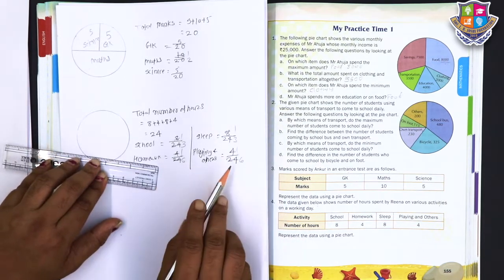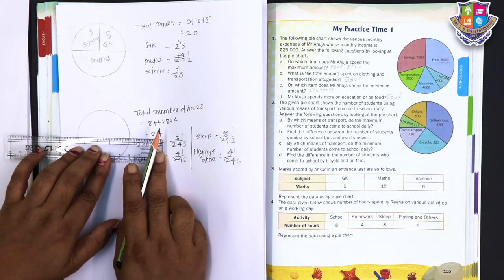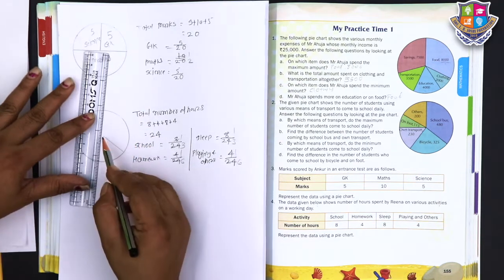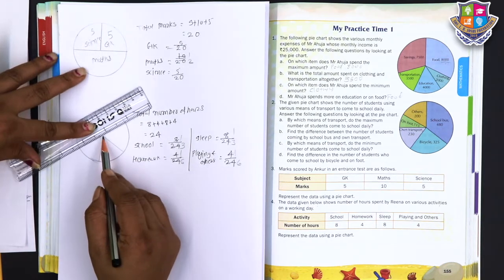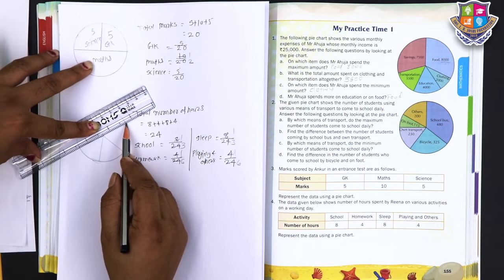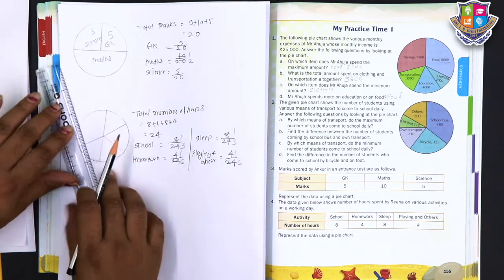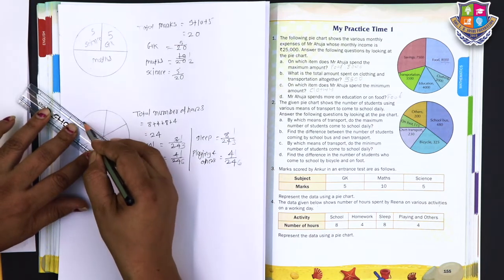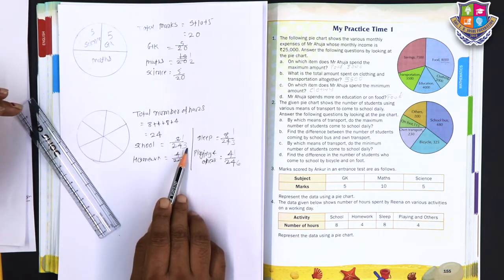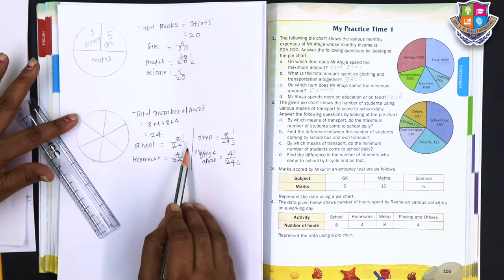Okay, so you just have to make the 6 parts of that. Okay, now from this 6 part, 1/3 she is using for the school.